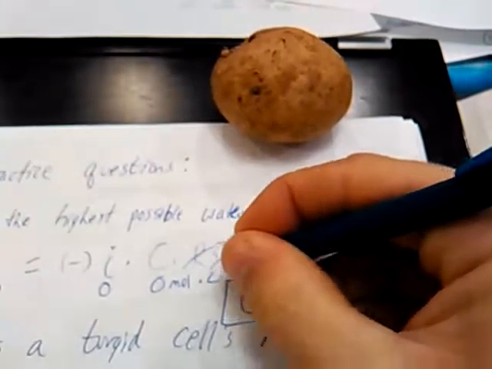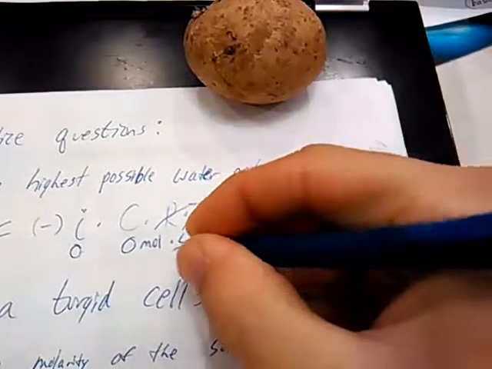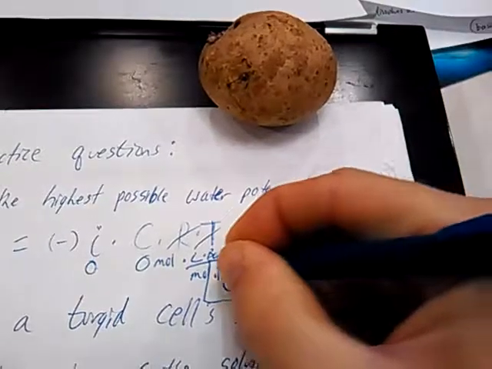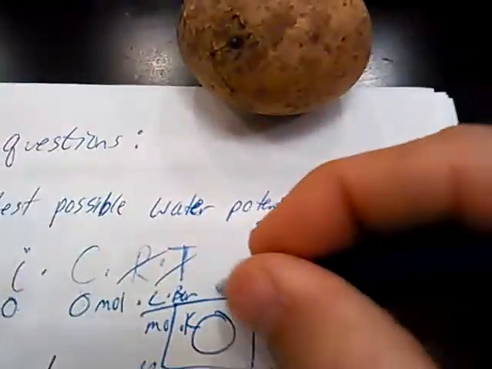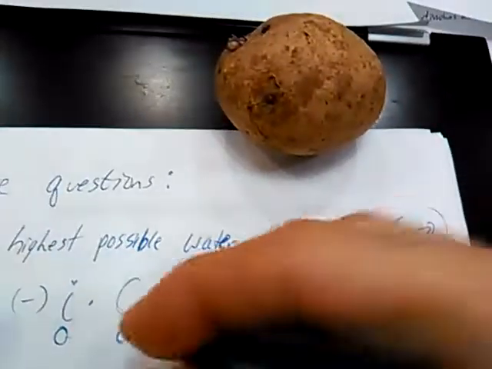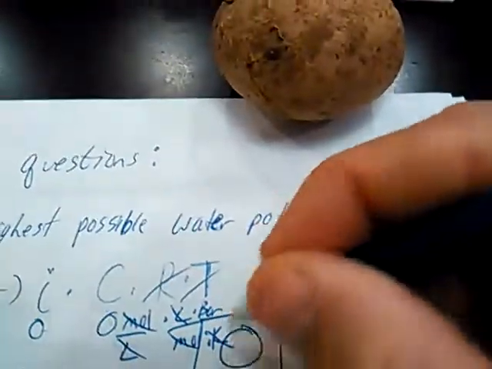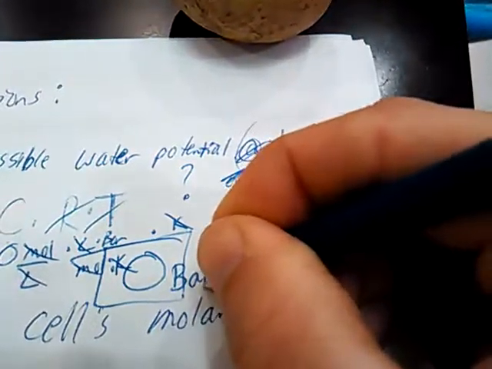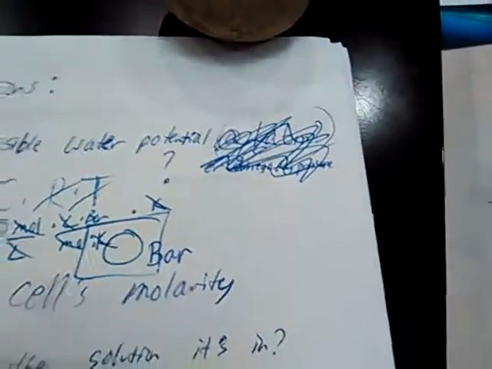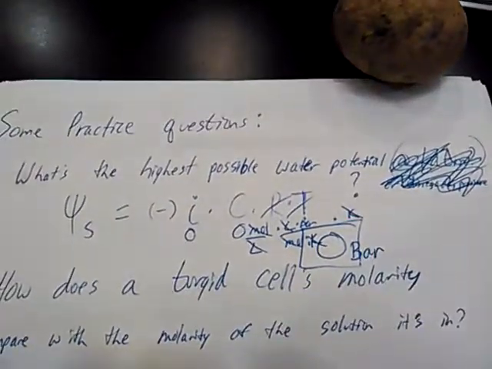So liters times bar over moles times kelvin, times kelvins, and this is moles per liter. All right, I think we're in good shape there. Cancel these units. Moles and liters cancel. Kelvins cancel. My unit for the water potential is going to be in bar.